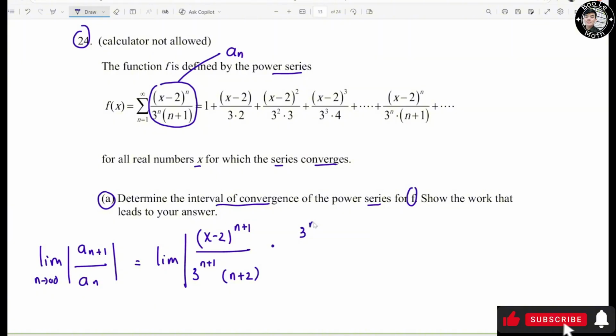So it is 3 raised to the n times n plus 1 over s minus 2 raised to the n, limit when n approaches infinity.